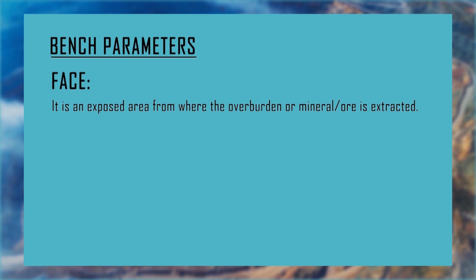Now, come to bench parameters. In bench parameters, we consider face. It is an exposed area from where the overburden or mineral ore is extracted. Crest is the highest point of the face. Toe is the lowest point of the face.